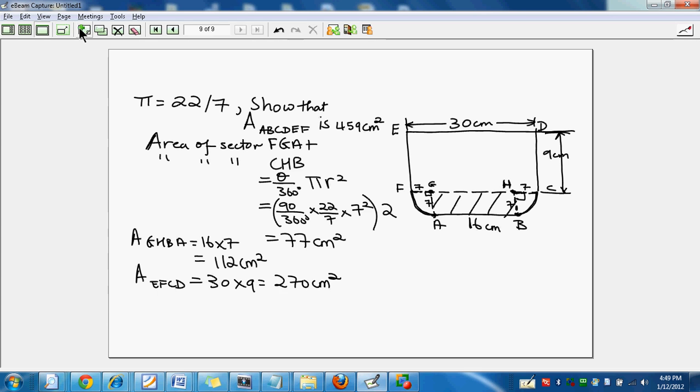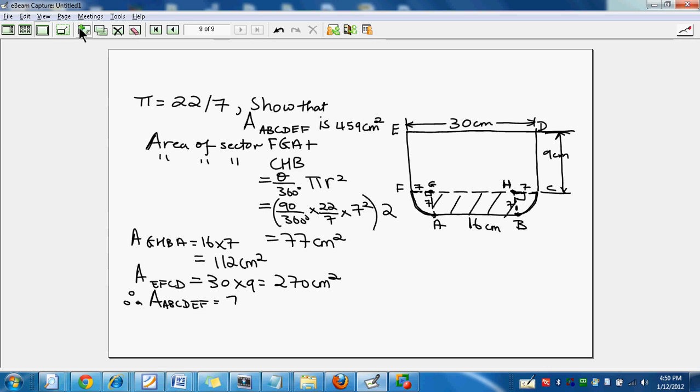In that way we got all of the areas of the components in that section. So the area that they are looking for, which is that of ABCDEF, will be the summation of those areas.